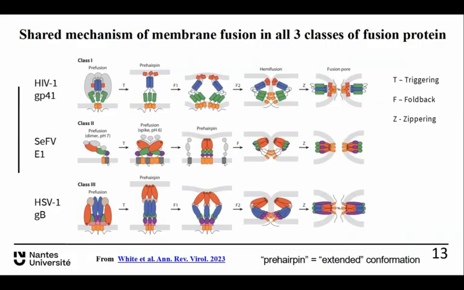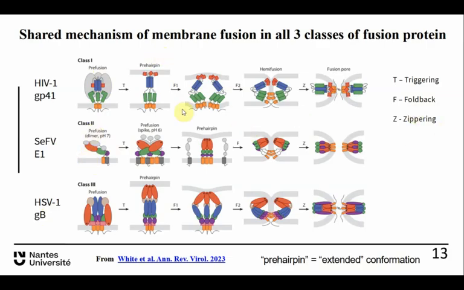Okay, so for type 1 and type 2 fusion domains, and also for type 3 fusion domains, the process is going to be quite similar. So all of them on the surface of the virus particle are in a kind of pre-fusion conformation where the whole fusion domain is compacted.